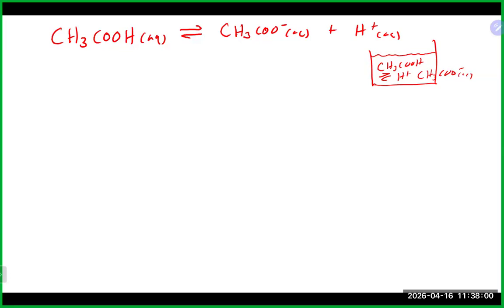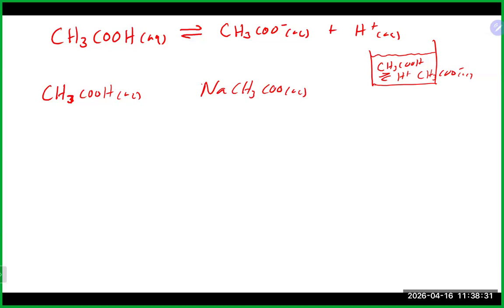Now, if we take this same solution of acetic acid in the beaker, and along with it we put in something like sodium acetate, our friend sodium acetate in this case.